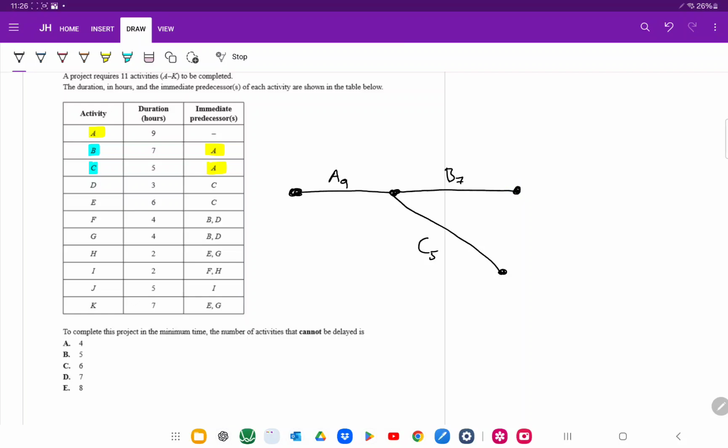Now if you look at the next one, it's got D and E both coming from C. At this point, I'm going to just skip ahead and see that I also have D coming from B and D that branches off both an F and a G node.